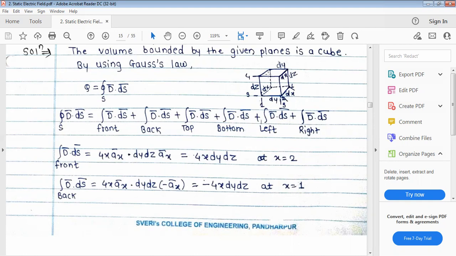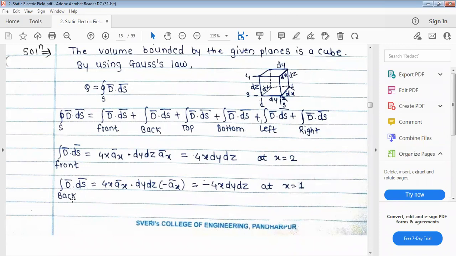The differential surface area for the front surface is dy into dz, and the unit vector is plus a bar x. So the dot product for the front side, D bar dot dS bar, is equal to 4x dy dz, at x equal to 2, because x is varying from 1 to 2. So 1 is your back side, and for the front side it is equal to 2.